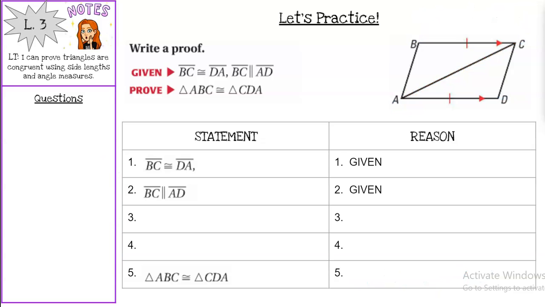I'm going to clear this. We have to look for that other side that's congruent. We have no information about BA being congruent to CD, but we do know that they share side CA. So for that side piece, CA is congruent to CA by the reflexive property.